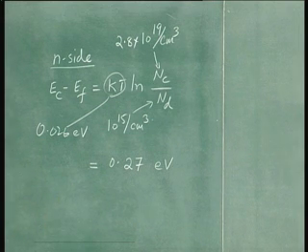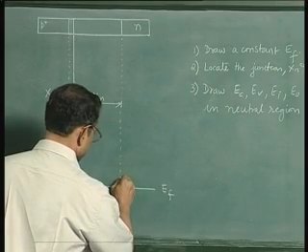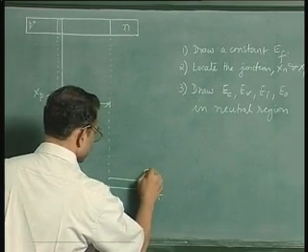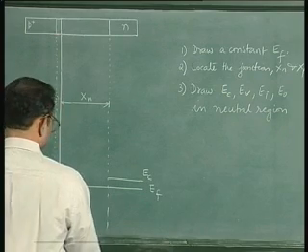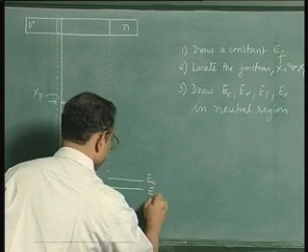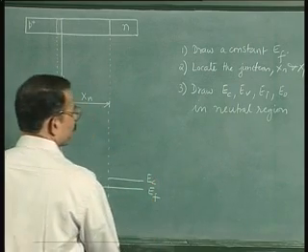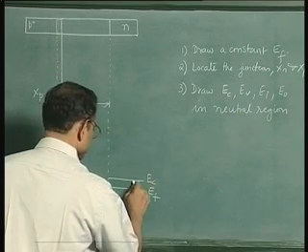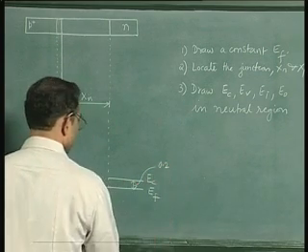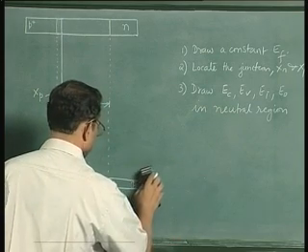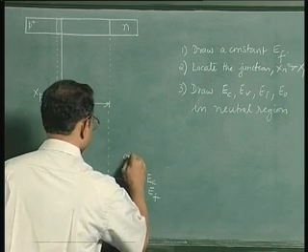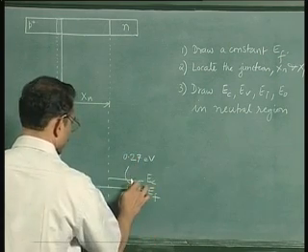So we locate EC here. This is EC. And this difference is 0.27 electron volts.